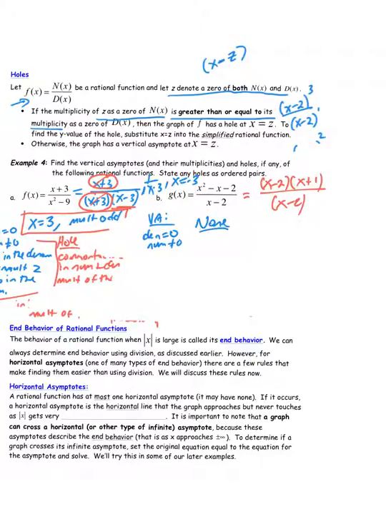It's none, because the only factor in the denominator is x minus 2, which is also a factor of the numerator. Now let's go ahead and find holes. So for holes, you're going to be looking for common factors in the numerator and denominator that we can cancel out.